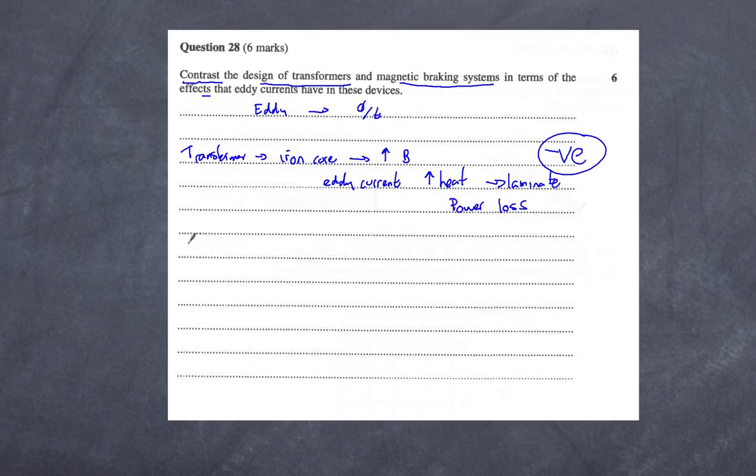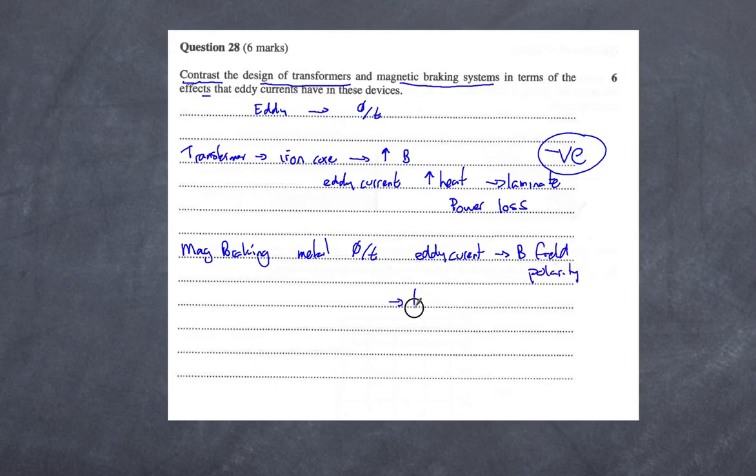What about magnetic braking? Again, we have metal experiencing a change of flux. However, in this case, although the eddy currents produced do produce some heat in the material, what we're interested in is that they produce their own magnetic field, their own polarity.